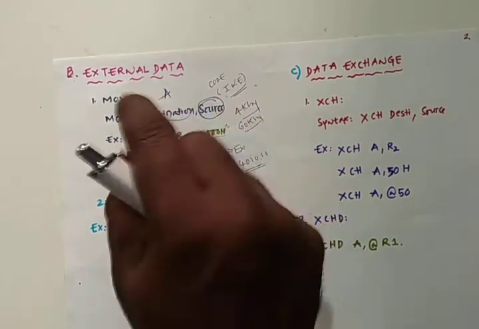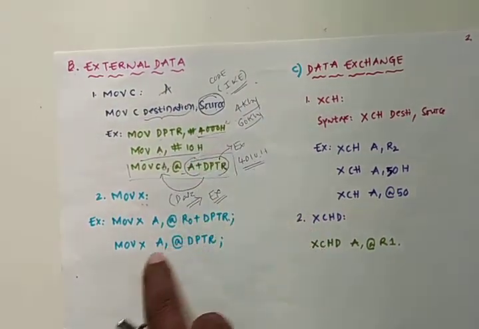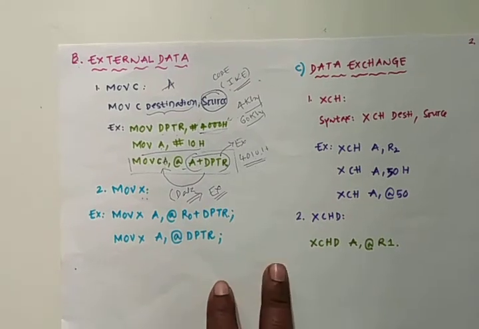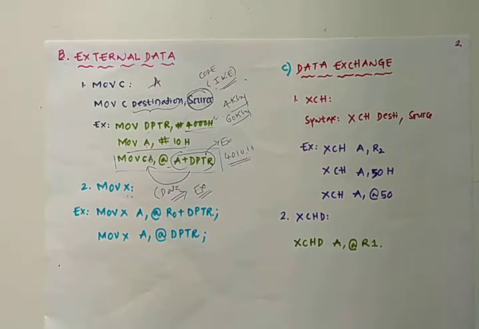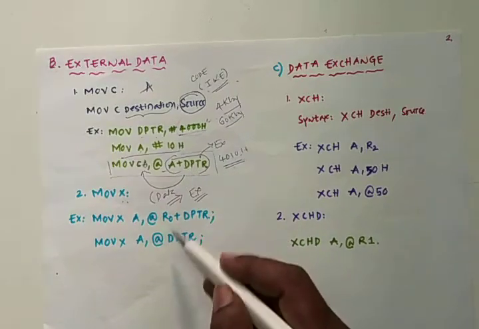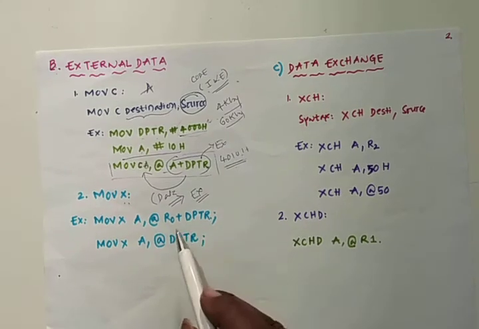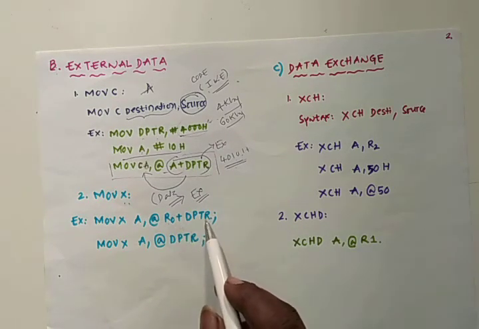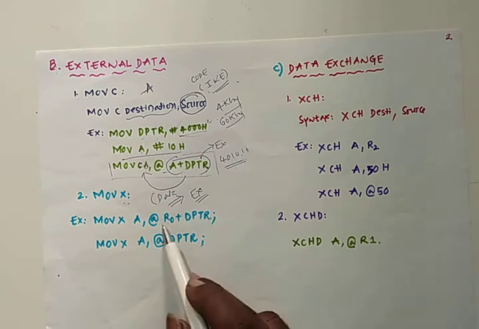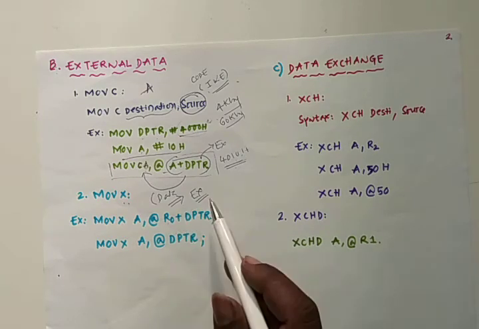Here the source or destination both can be from the external memory only. So you can go in the similar manner with MOVX. That means what? R0, this is register 0, and the data pointer register, both will be added such that they will have an address.